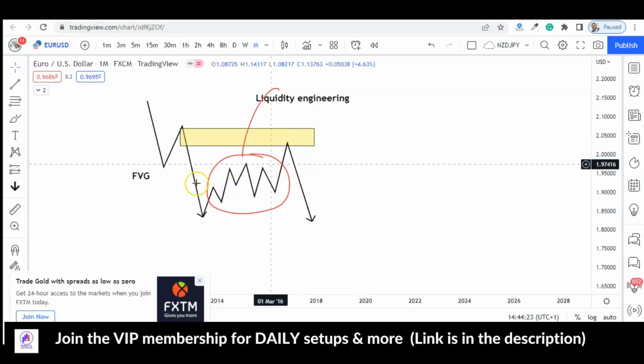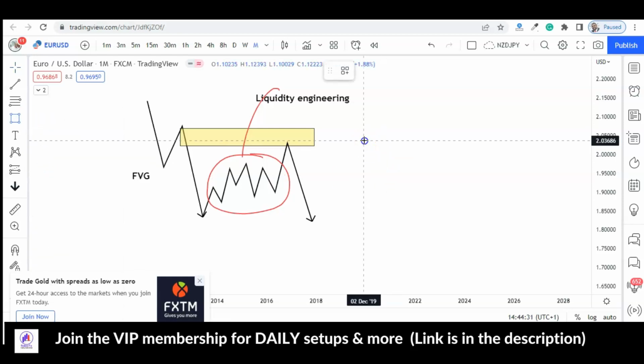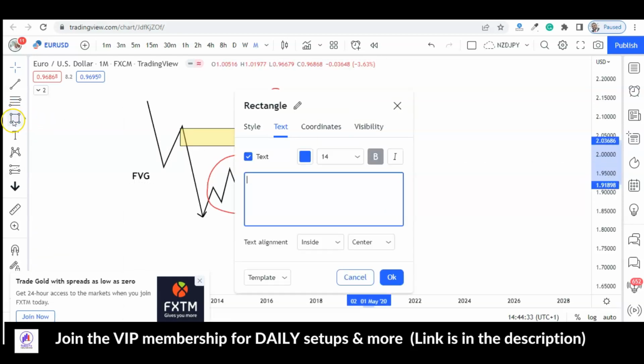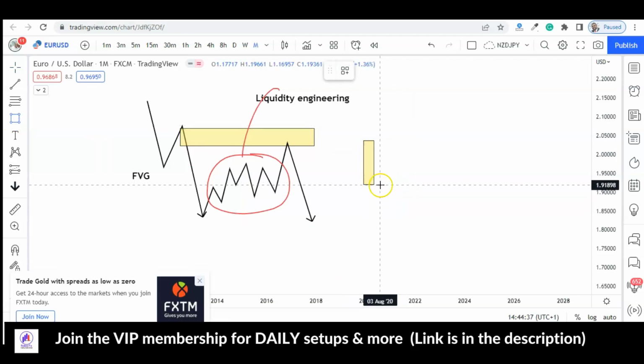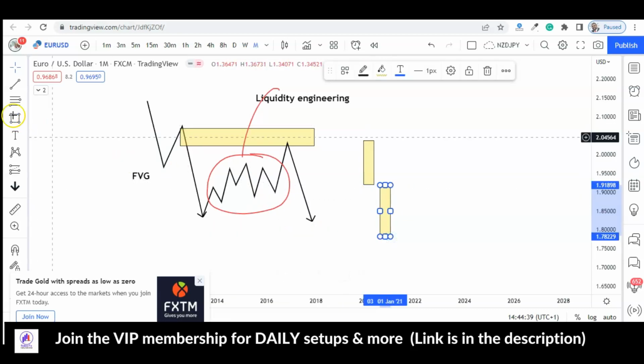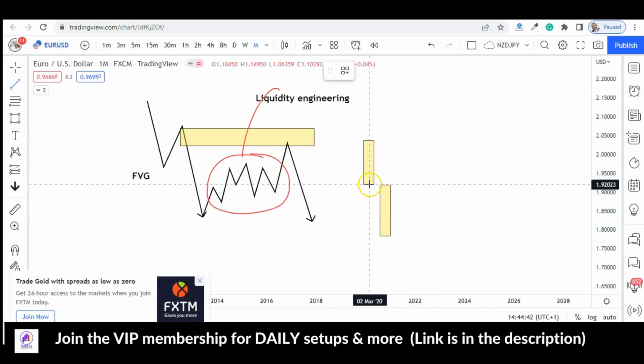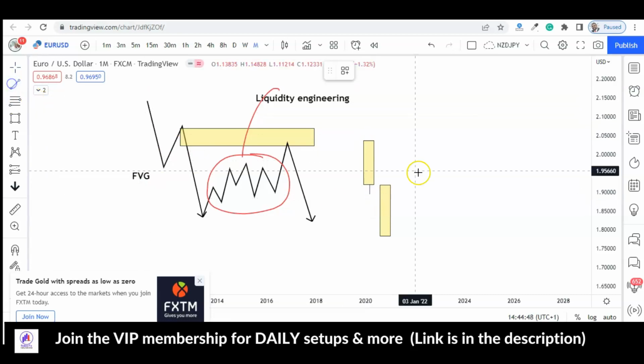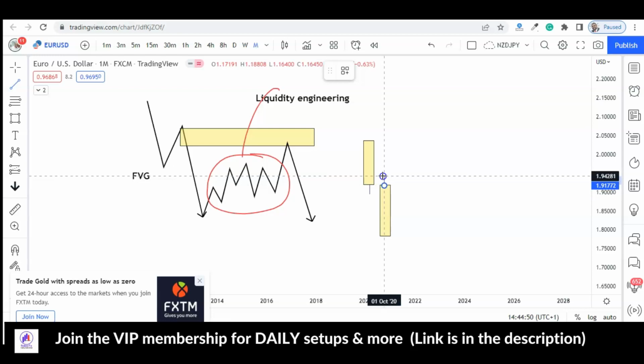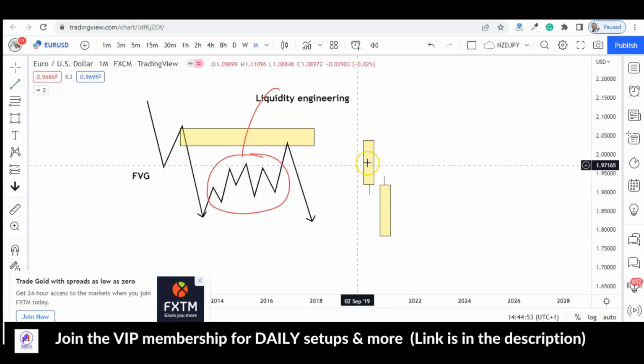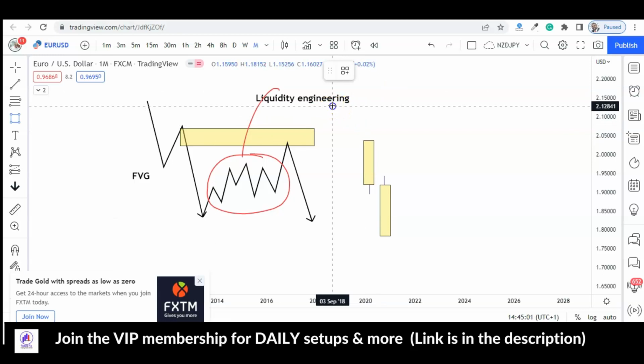So without wasting time, we are going to quickly jump on the chart. Okay, some people say, what is a fair value gap? In case you are here for the first time, a fair value gap is simply when the market moves aggressively either to the upside or to the downside, without allowing most people's orders to get filled. A lot of people want to get in here, but due to some reason the market moves so fast that it did not trigger them. Okay, then we have another candle, sorry.